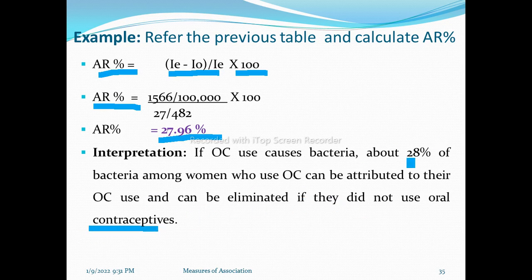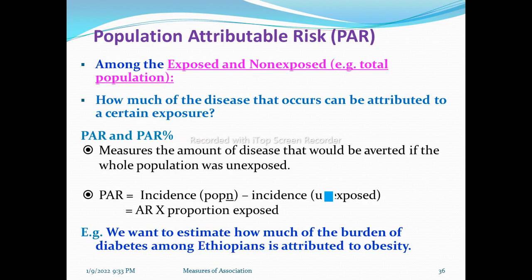So about 28% of the disease comes due to oral contraceptive use. If that woman is a non-user of oral contraceptives, 28% will be absent or eliminated. So this is another example. So attributable risk percent is completed.